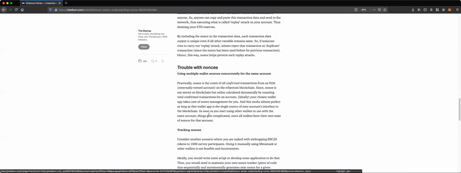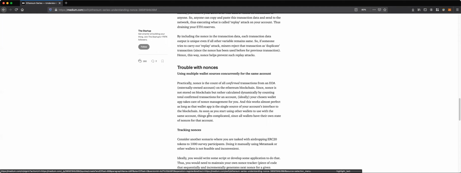Let me give you an example. Let's say you have the same account being tracked in two different wallets. You send a transaction from wallet A, and the nonce is 8. You send another transaction, and the next transaction should register a nonce of 9.